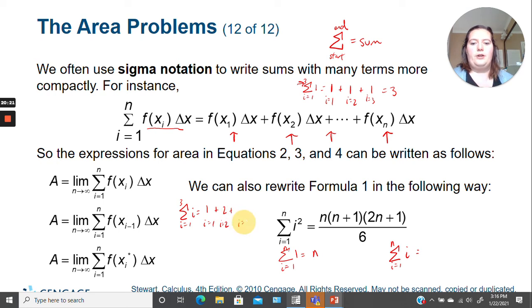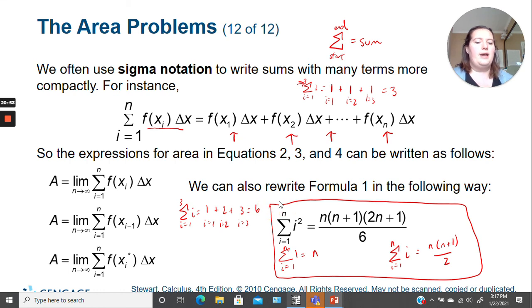And then lastly, we're going to stop right after this one because i equals 3. So I get 1 plus 2 plus 3, which is 6. And there's actually a nice formula for this. It's n times n plus 1 over 2. So if I add up n numbers, so 1, 2, 3, 4 to whatever, that value is actually n times n plus 1 over 2. So these are 3 summations that you should know.